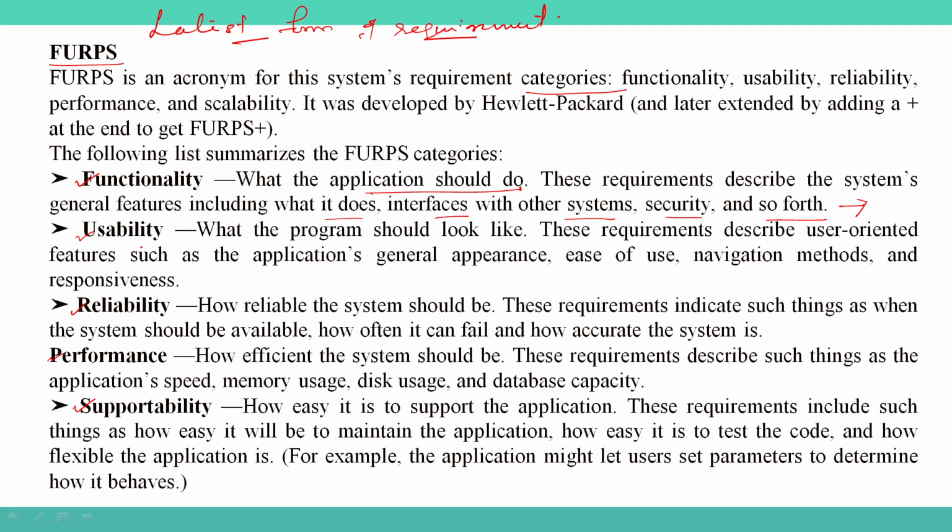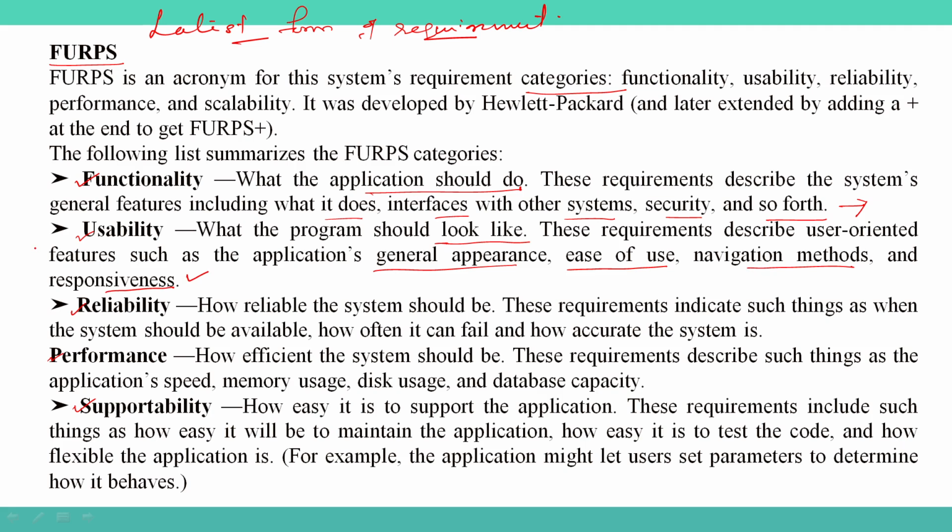Then usability: how the system should look. That is, what are the user-oriented features, what is the general appearance, what is the ease of use, what navigation method you have used, and how its responsiveness is.